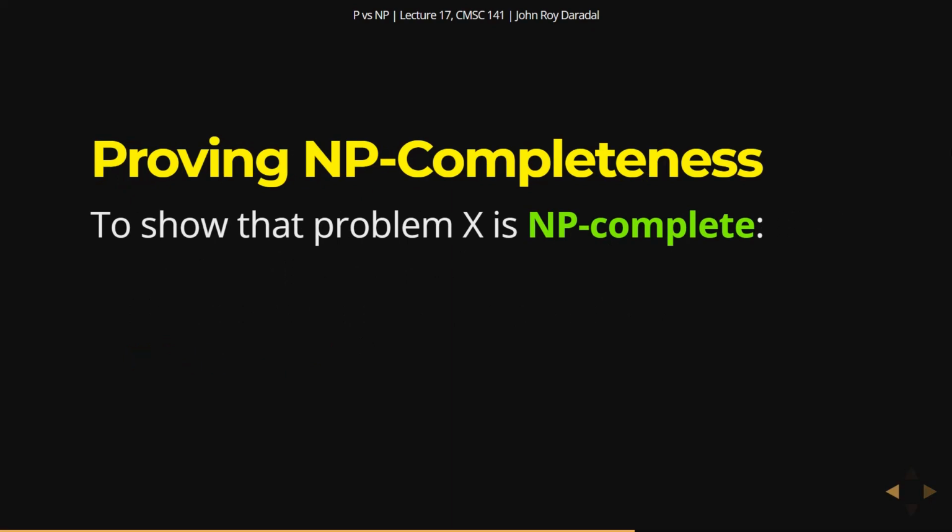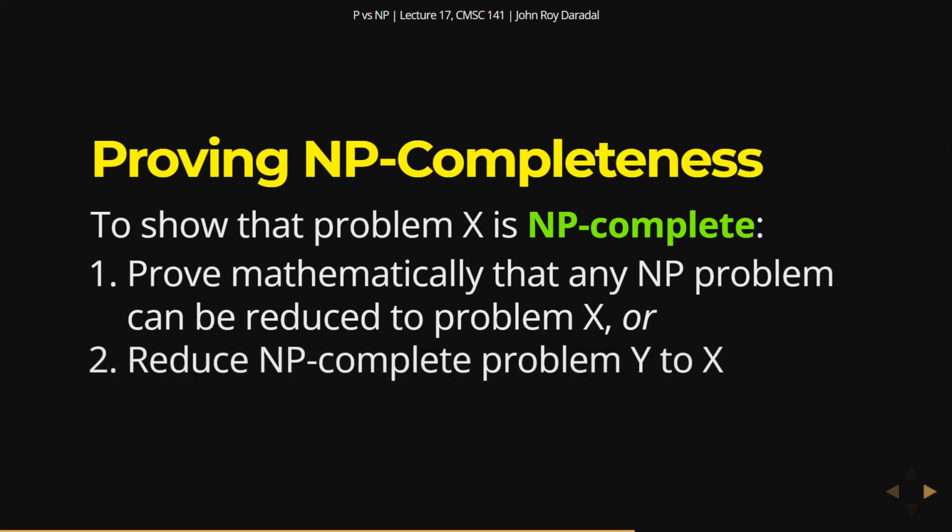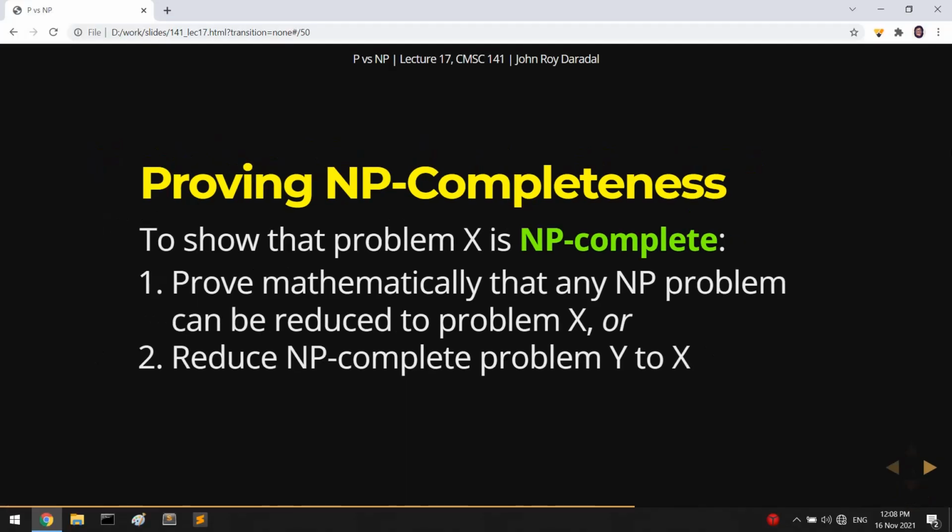To show that a problem is NP-complete, first you need to prove mathematically that any NP problem can be reduced to that NP-complete problem, or you can reduce another NP-complete problem to X. So you have two options.